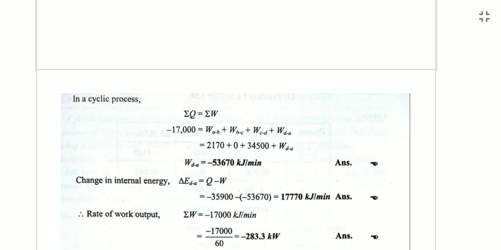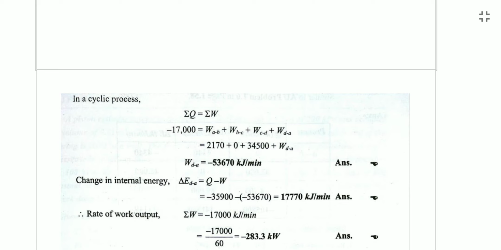Also we can use the formula sigma Q is equal to sigma W. That means the sum of all heat transfer is equal to the sum of all work transfer in a cycle. So we find the sum of all heat transfer, then add all the work transfer values. We can find the unknown work transfer as minus 53,670 kilojoule per minute.